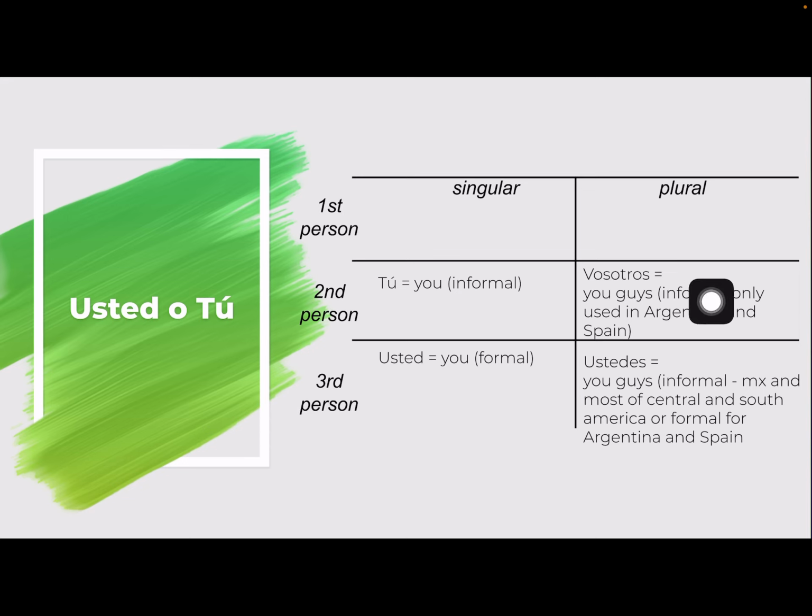If I'm from a country that uses vosotros, I would say vosotros sois doctores. But if I use Spanish from a country like Mexico, Ecuador, or Puerto Rico, I would say ustedes son doctores. So that is how we use that.